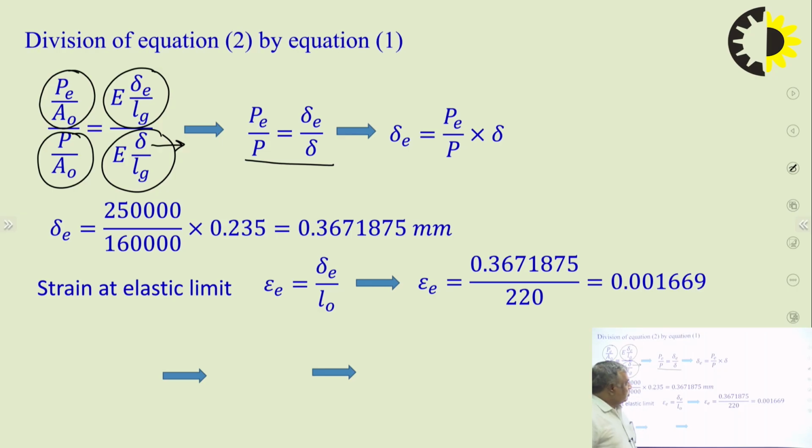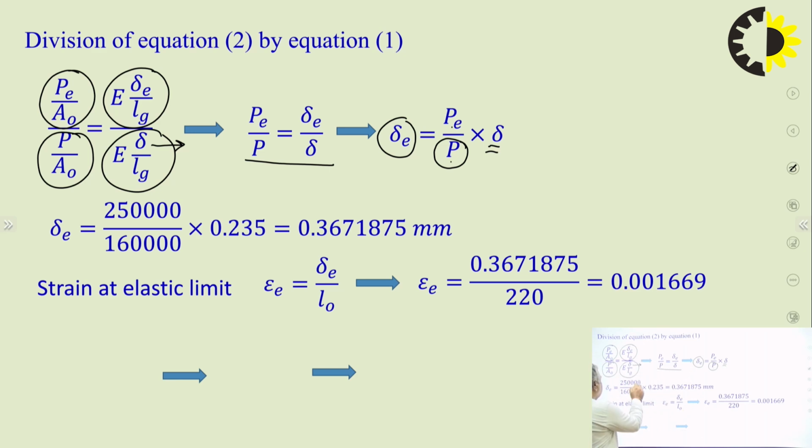So by dividing, delta E is nothing but PE upon P into delta. Delta is the deflection corresponding to P. The values of PE and P are given in our problem.